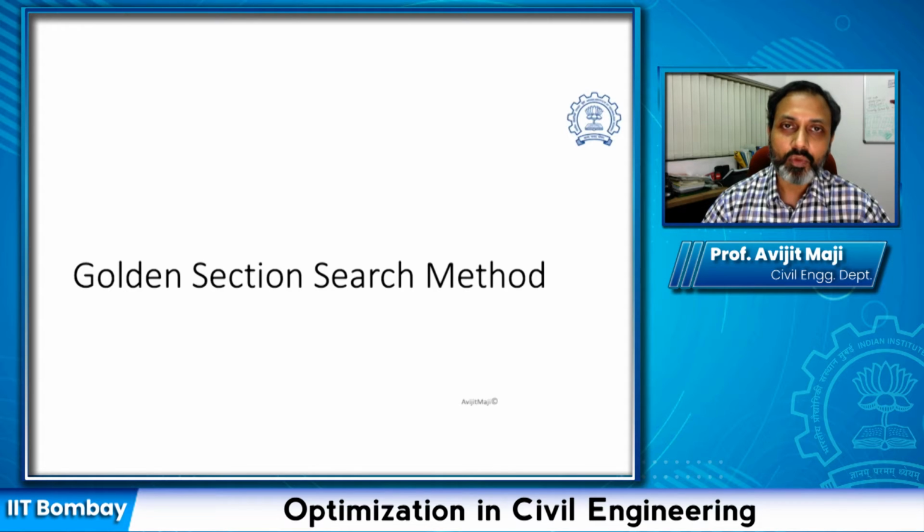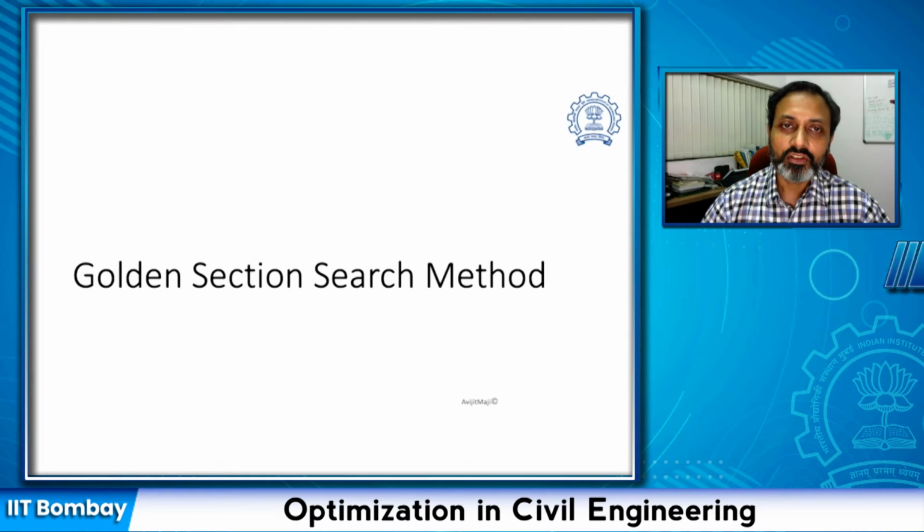However, it requires more function evaluations, as we saw that in each iteration it requires at least two function evaluations, and in the first iteration it requires three.